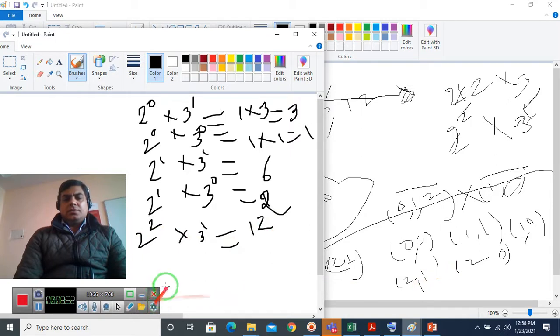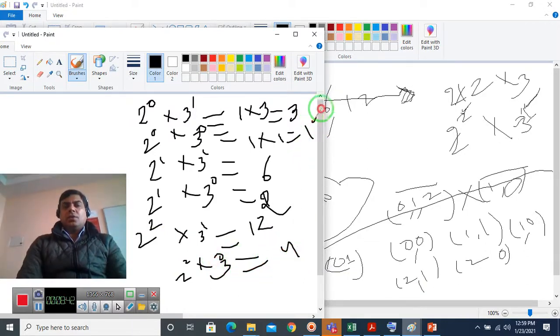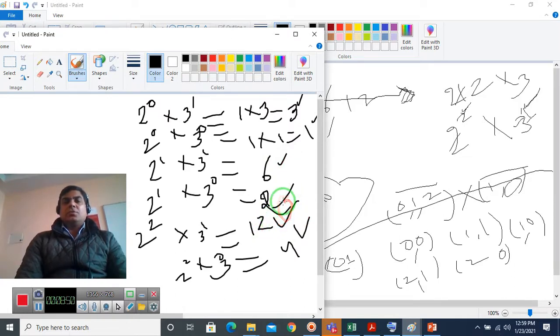Next, 2 to the power 2 and 3 to the power 0 becomes 4 only. So the factors are 1, 3, 2, 4, 6, 12. In this way we can find the solution. So we can write here 1, 2, 3, 4, 6 and 12.